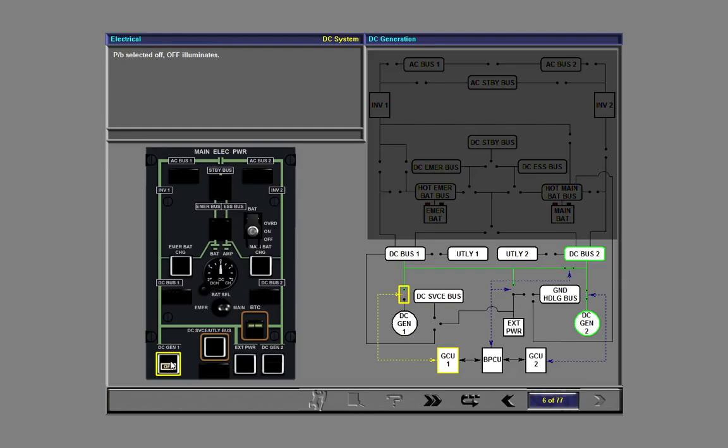When the push button is selected off, the white off light illuminates and the associated generator contactor opens. Note that in this situation, DC bus 1 would automatically be supplied by DC generator 2 through the bus transfer contactor, BTC.